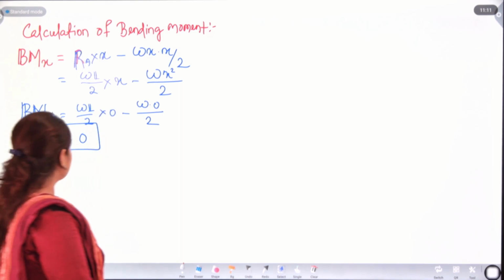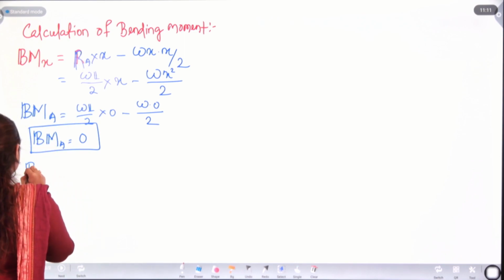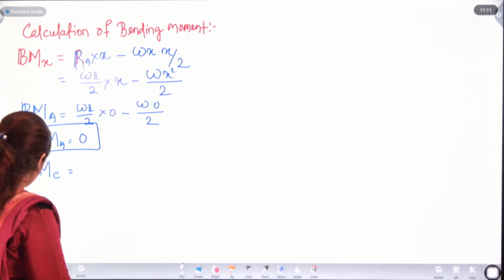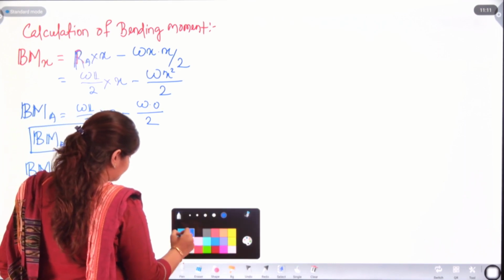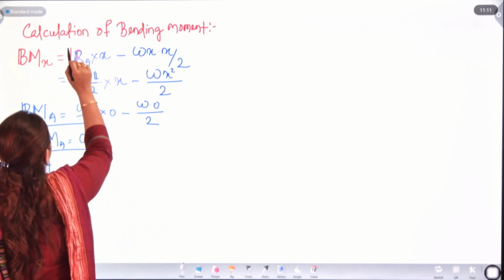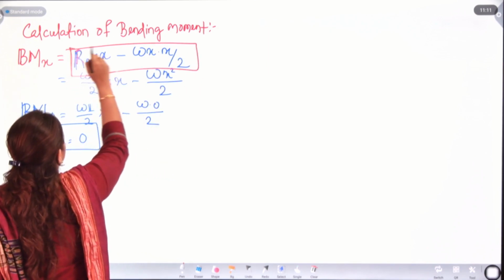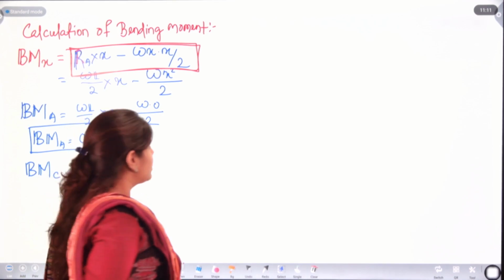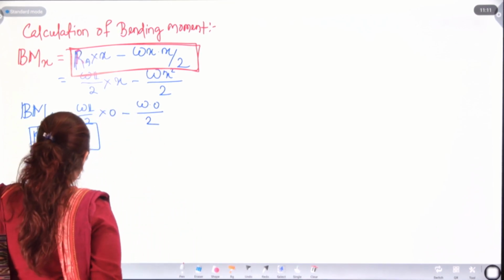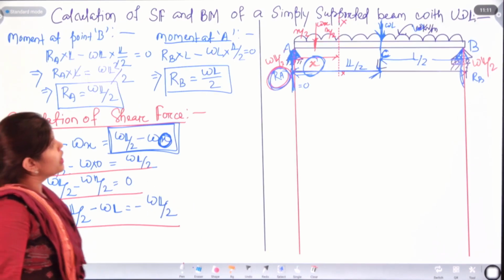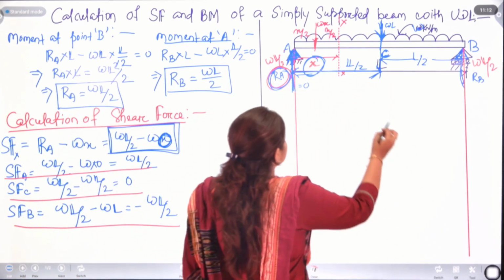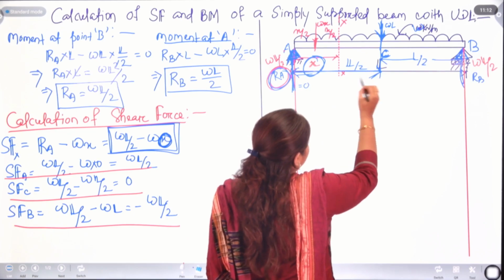Similarly, bending moment at point C. We have to find out what? The equation. Now we are putting the value of X in case of bending moment C and bending moment B. So, if we are calculating bending moment at C, the value of X will be what?